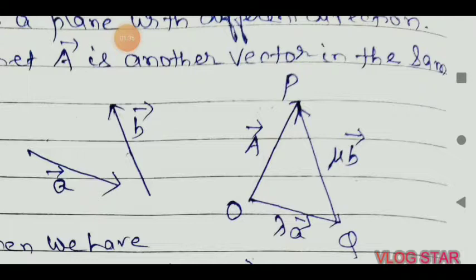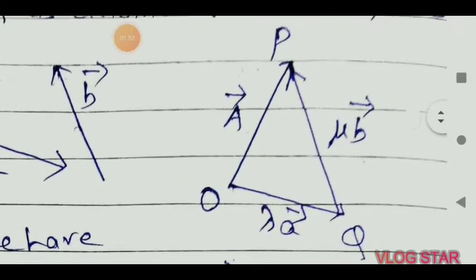We have to resolve vector A along small a and small b. We have shown it in this figure.